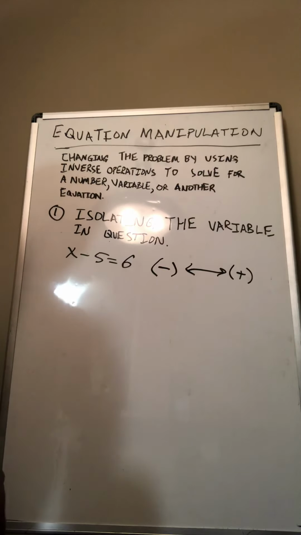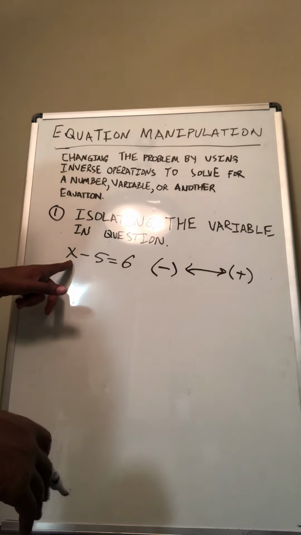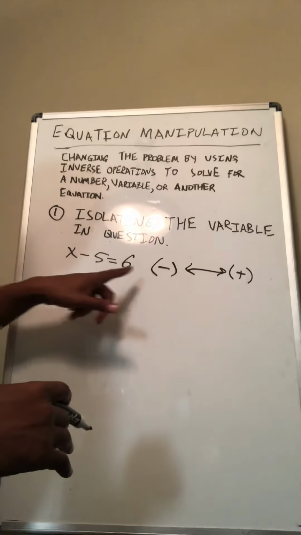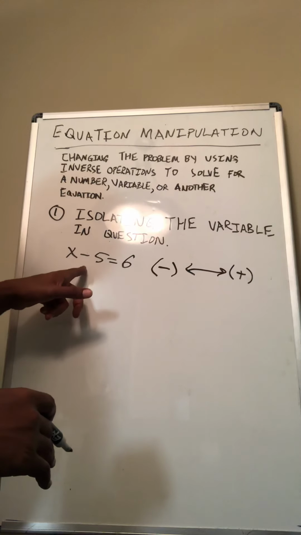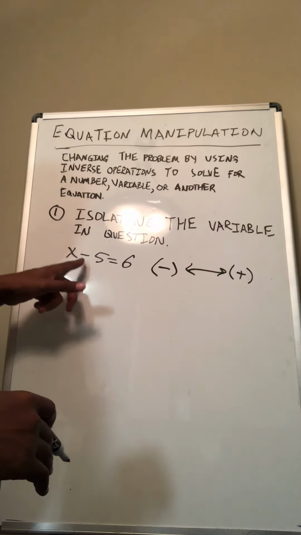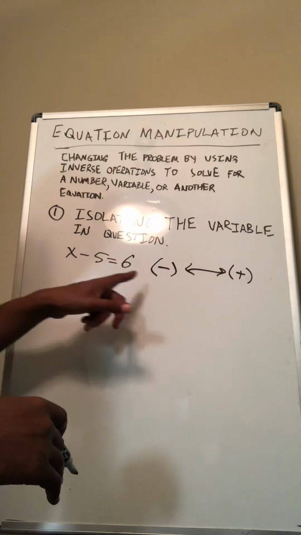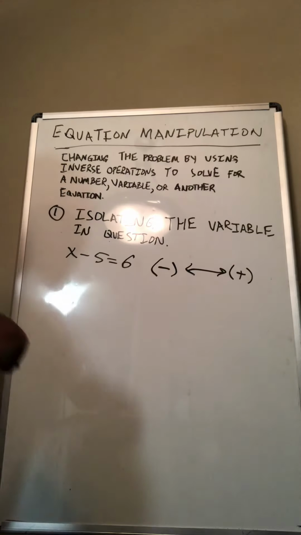In order to isolate the variable in question, you have to do the inverse operation of what is being done to it. Here, because subtraction is being done to my x, I must add in order to isolate it from the operation being done.